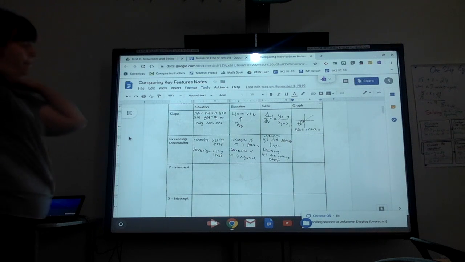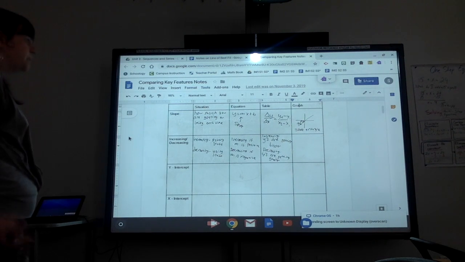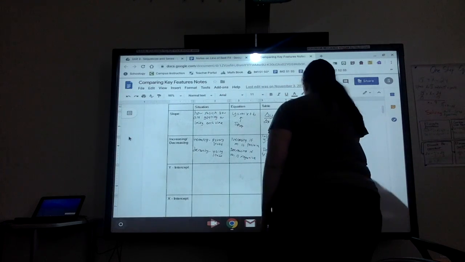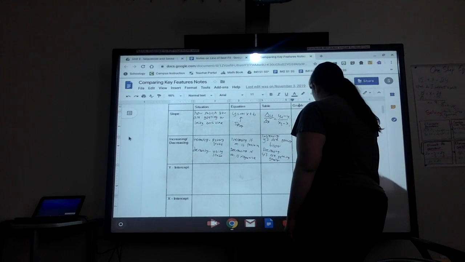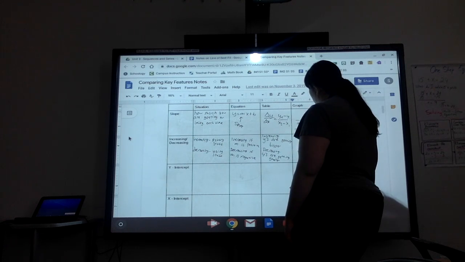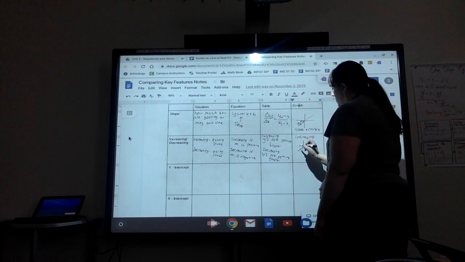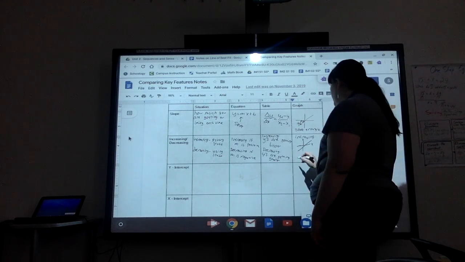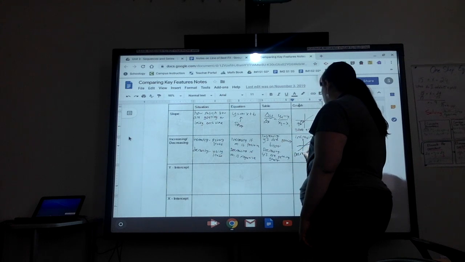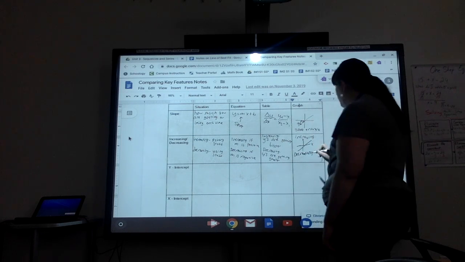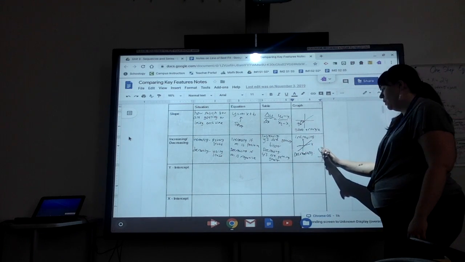Then on a graph, it's important to remember that we always read graphs left to right, just like reading a book. So it's increasing if, from left to right, the line starts down and starts to go up. But it's decreasing if from left to right it starts up, then goes down.